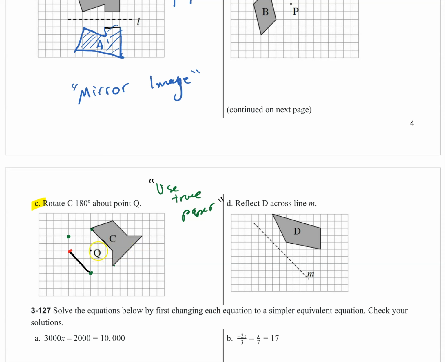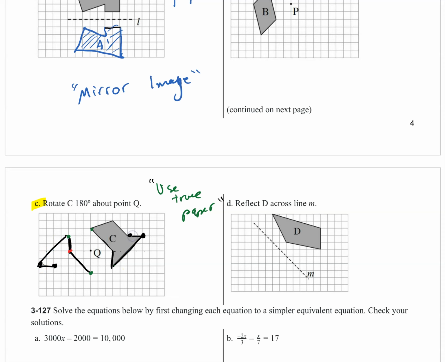So Q, if I go over 1, 2, 3, 4, 5, 6, 7, and up 2, I'm at this point. So this way I should go 1, 2, 3, 4, 5, 6, 7, and down 2. I'm at the same point. And if I come over 2 this way, I'm here. There's that side. This side right here.